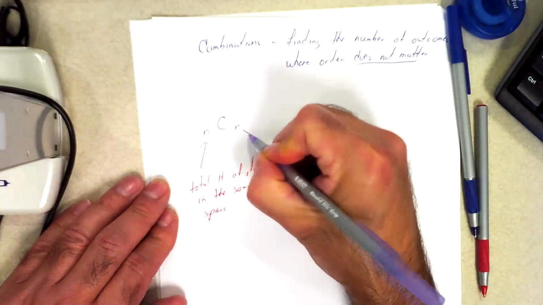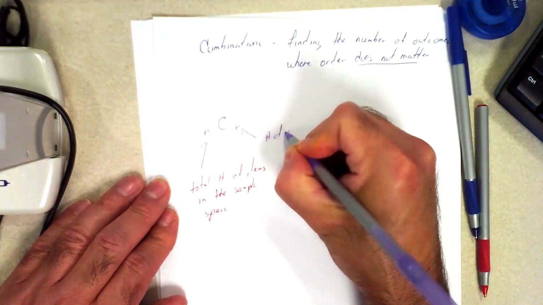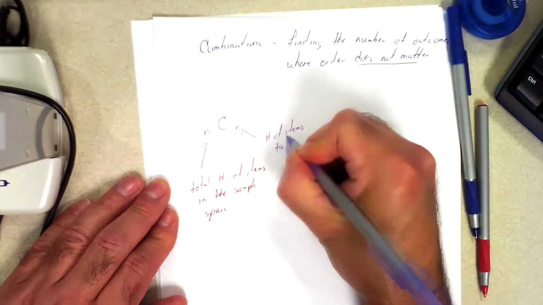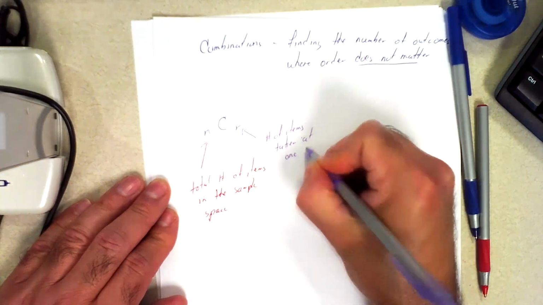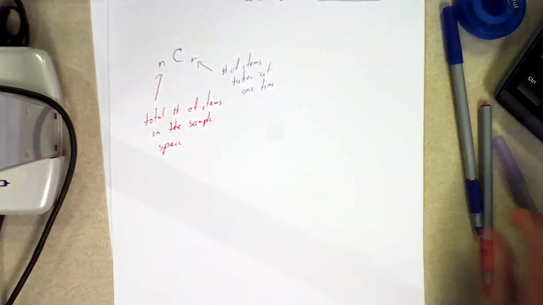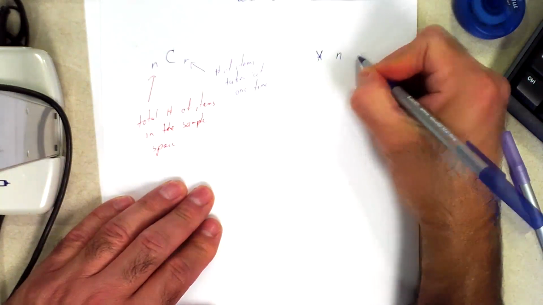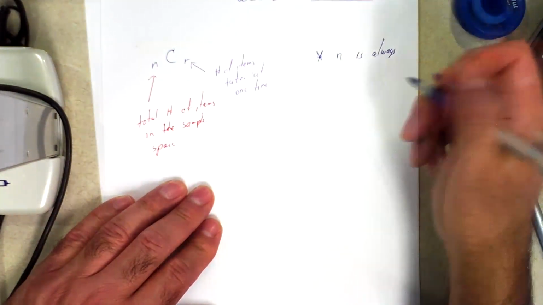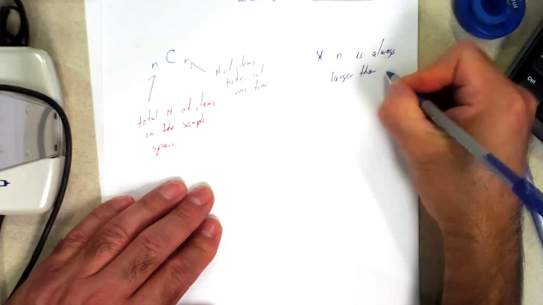R is the number of items taken at one time. And again, N is always larger than R.